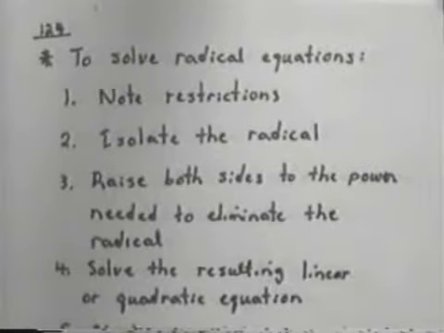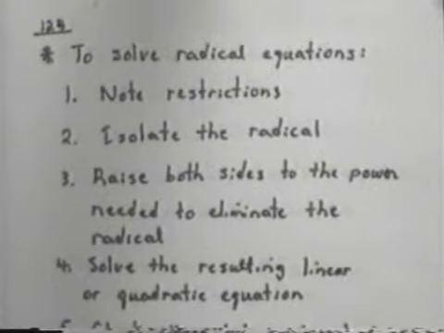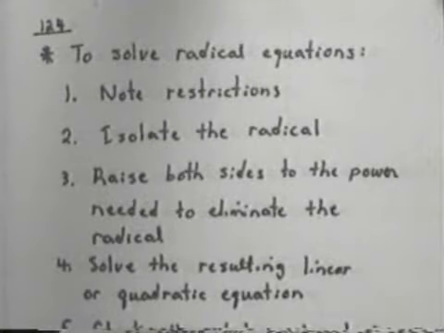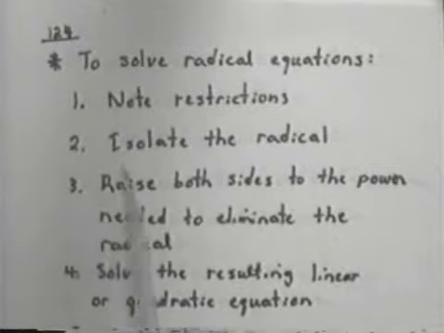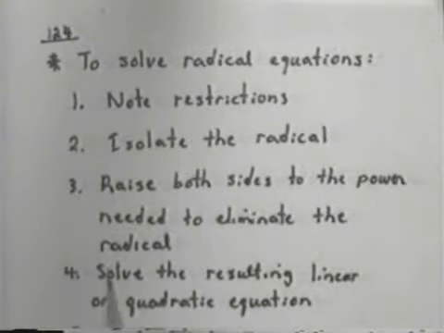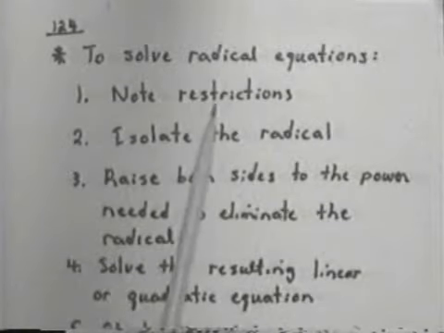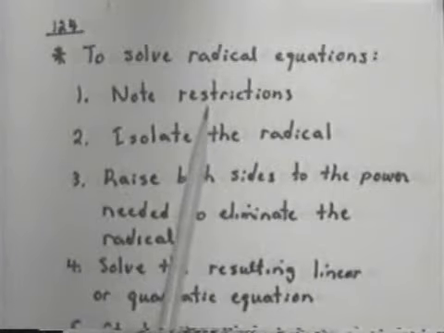Now I'm going to give you the rule to learn, and you need to follow this every time you solve an equation involving a radical, or to solve radical equations. The first thing you want to do is to note restrictions. Remember, you cannot have a negative number under an even index.